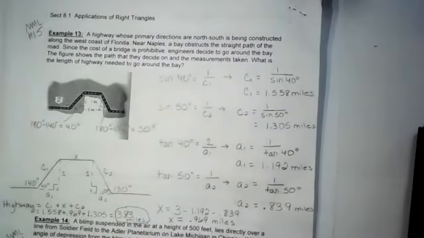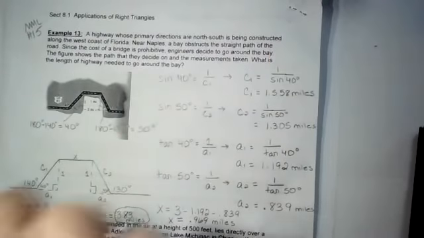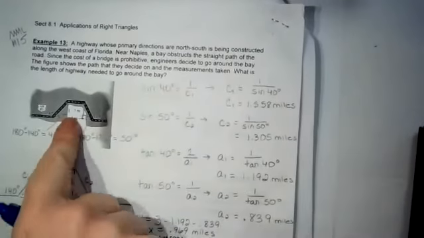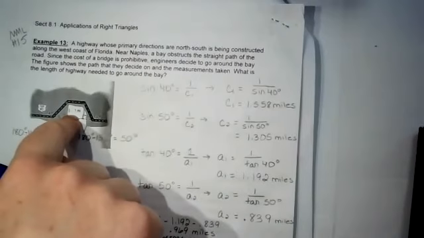All right, so you're supposed to pretend that it's turned like this. You're going up the coast of Florida, north-south. You're down there on the west coast, okay? And you know they're trying to build a little highway down there, but they've got this bay that shoots in there instead.